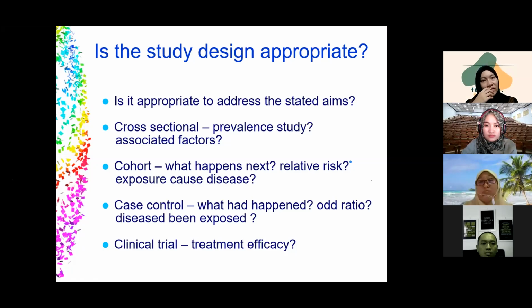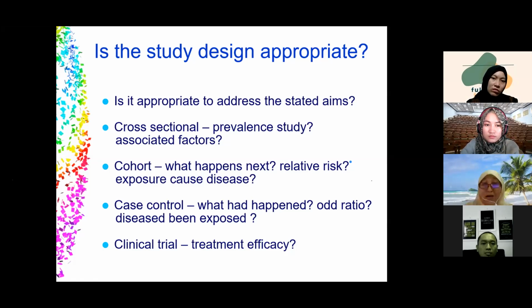Jadi itu boleh hanya cross-sectional, ya, associated factor. Kalau we would like to know the causal, what risk factor or exposure that cause this disease, then the study design need to be cohort or case control.